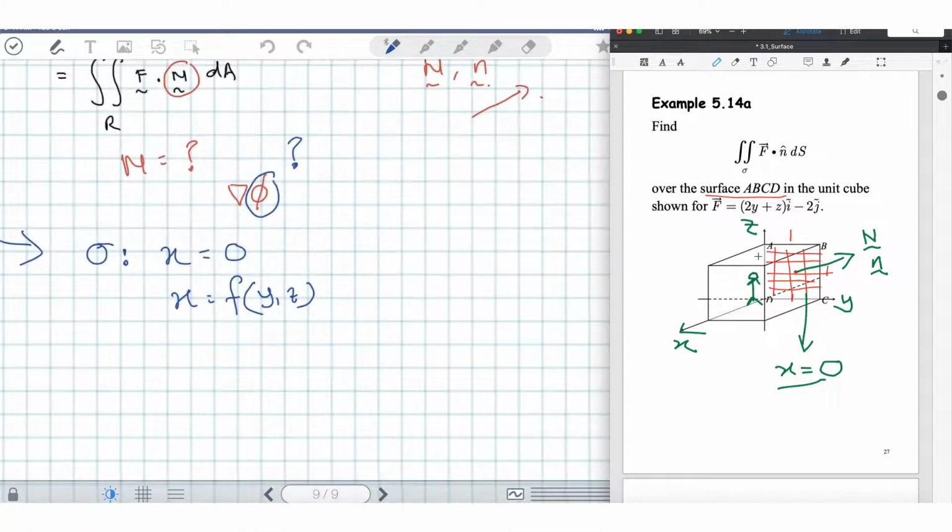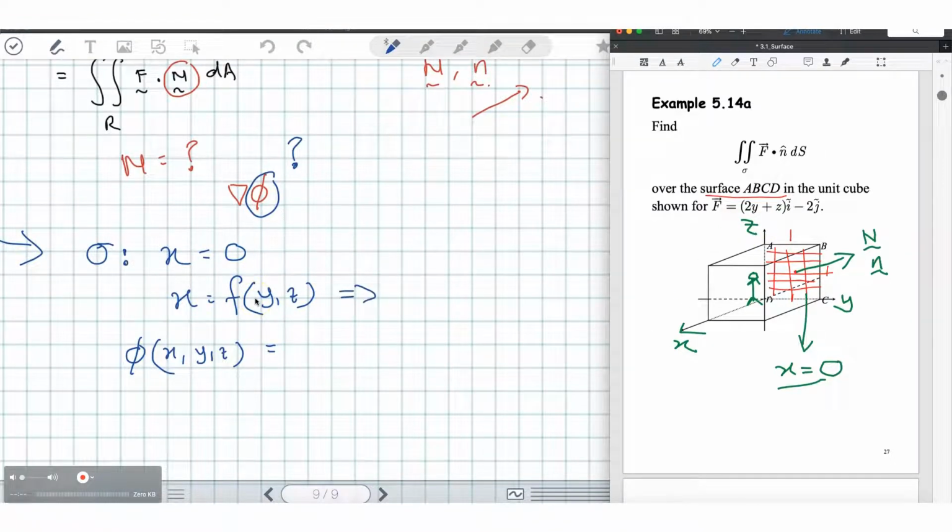So the question is, how can we get the phi, where phi should be a function of y and z? Do you remember how to get phi? You bring x minus whatever expression you have on the right side, and make it equal to 0.